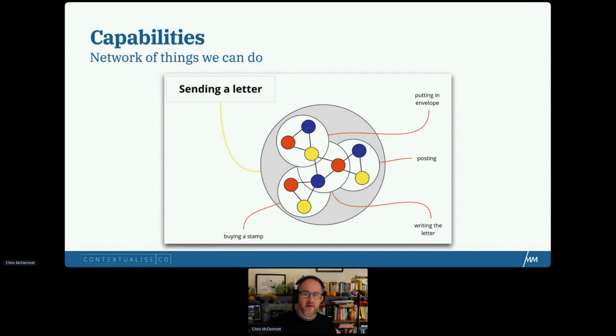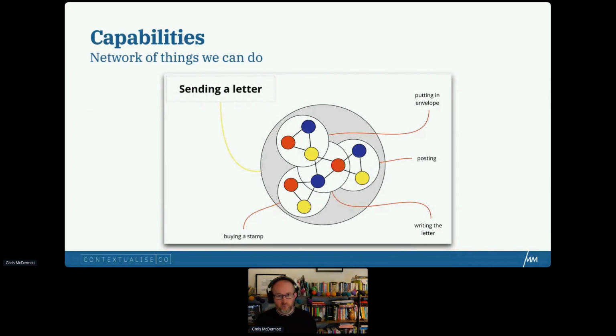It's a way of talking about larger things we're able to do because of the many things that our teams, individuals, or groups do. For example, we have a capability to build a software system because we do research, we can do analysis, we can do development, we can do testing, and so on.